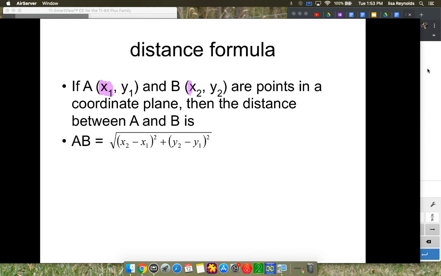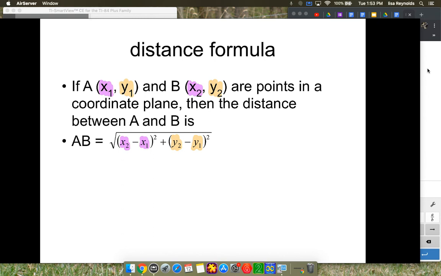We have an x coordinate, which is going to be used in our formula, and we have a y coordinate, which is going to be used in our formula. So each ordered pair has an x and each ordered pair has a y, and you have to pay close attention to where that information is in the formula.